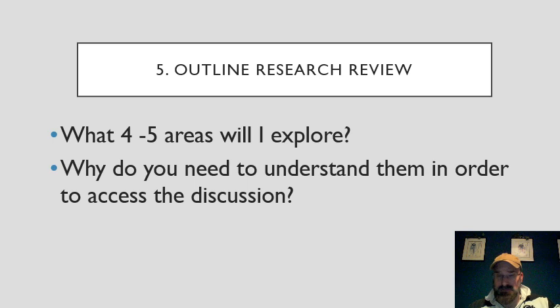And you could even be explicit: in order to answer my question, should we go to Mars, we need to have an understanding of how the American space program developed from its origins in 1945, because this leads into the area of discussion, should we go to Mars. So be clear and be explicit as to why these 4 or 5 areas are important to understand the discussion.